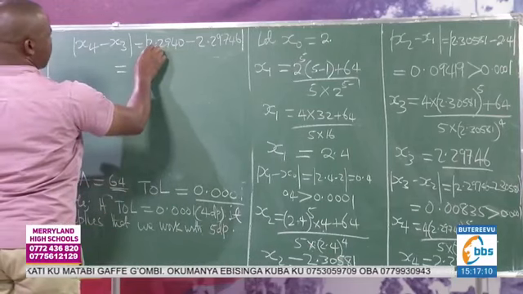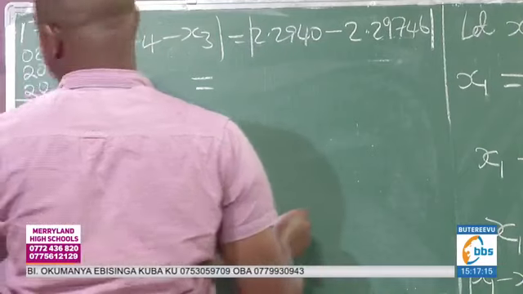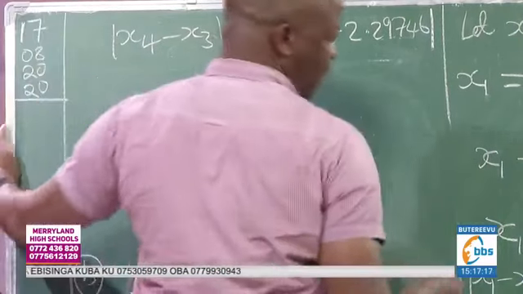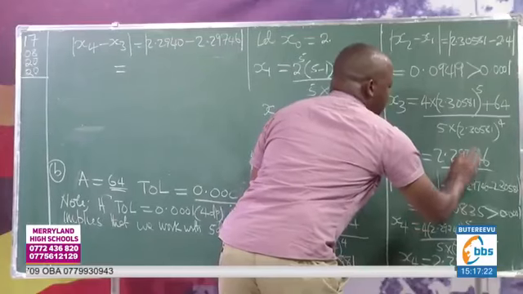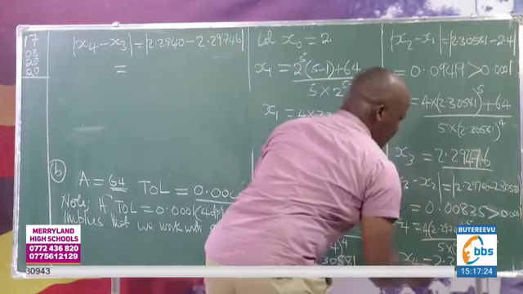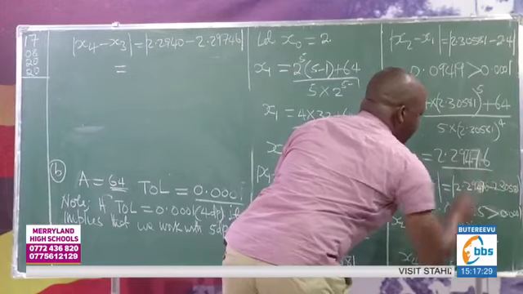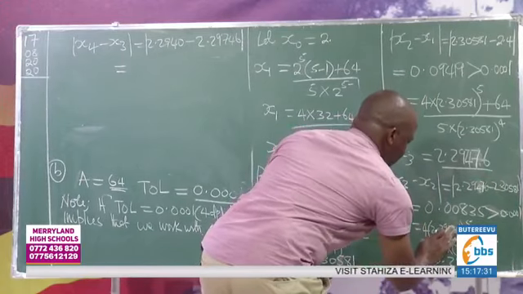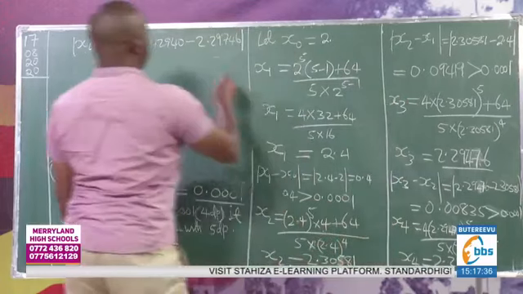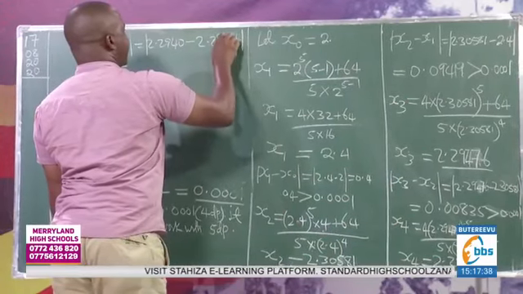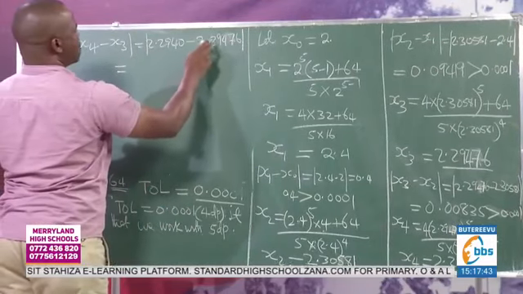You notice that the first values are the same, 2.297. So if we take the difference, this is 47.